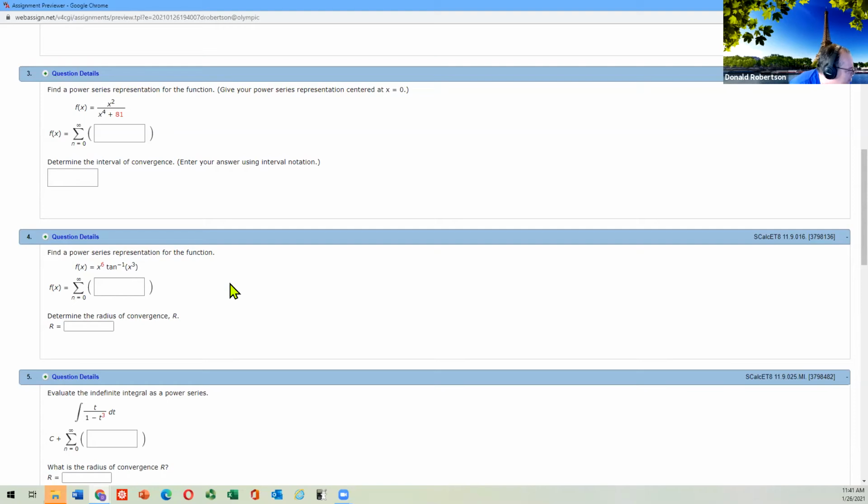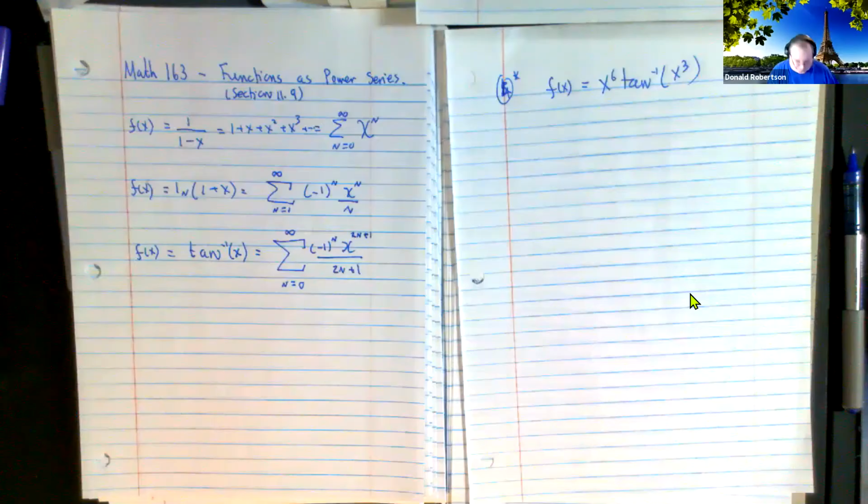Question 4 is asking us to do a power series for x to the 6, the inverse tan of x cubed. Right, now I'm going to do most of this question, whereas the ones that are coming later, I'll probably do less. So here we go.